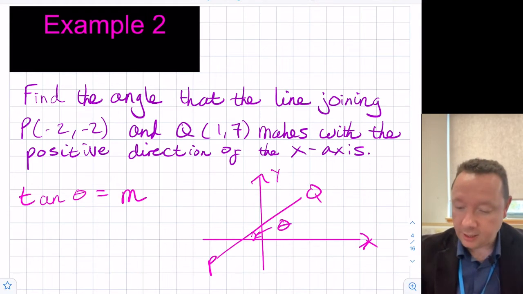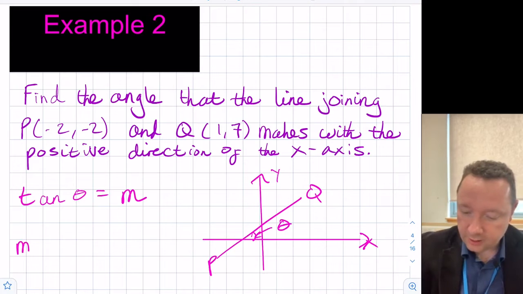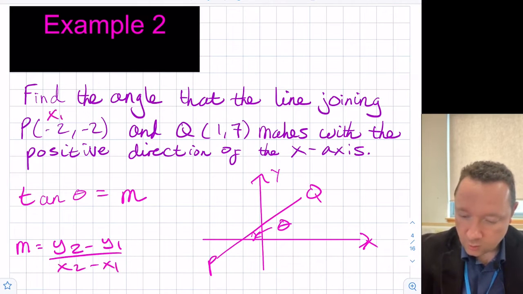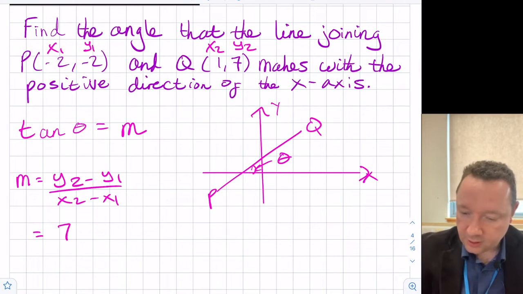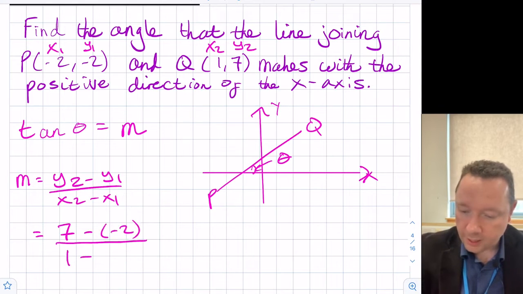So if we can find the gradient, we can work backwards to find the angle by using the inverse tan. From our definition of gradient, y2 minus y1 over x2 minus x1, if we call P x1 and y1, this one would be x2 and y2. Watching our negatives here, that gives us 7 minus negative 2 on the top and 1 minus negative 2 on the bottom.